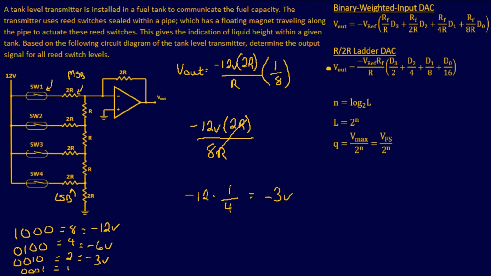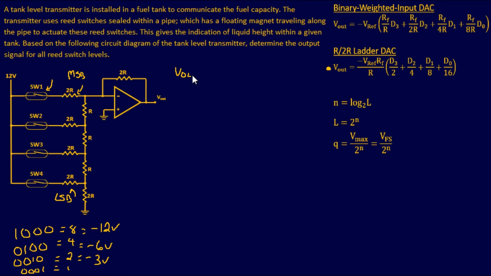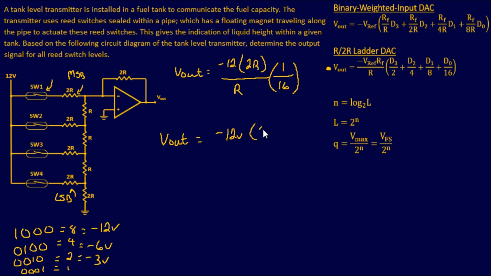Of course, let's do the last one real quick. It's going to be V out equals negative 12 volts. And then our feedback is going to be 2 times R divided by R. And then our least significant bit is 1 over 16. Simplifying it down just like we did a couple other times, negative 12 volts times 2 times R over 16R.